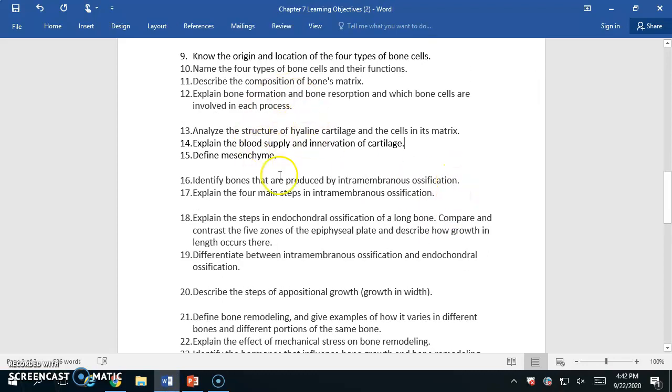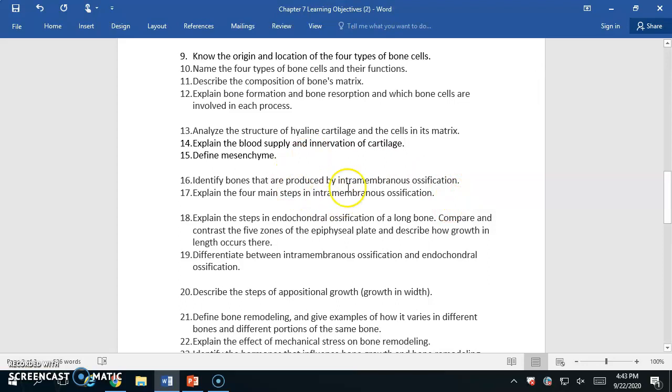And so now that we have a little bit of background information on our hyaline cartilage and mesenchyme, we'll talk about this first type of bone formation. It's called intramembranous ossification.